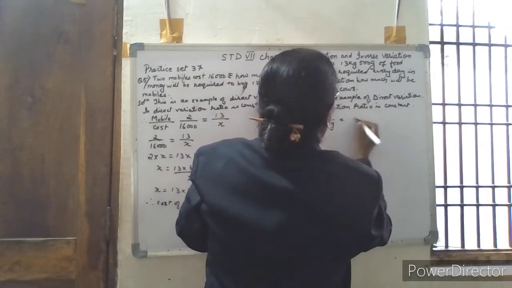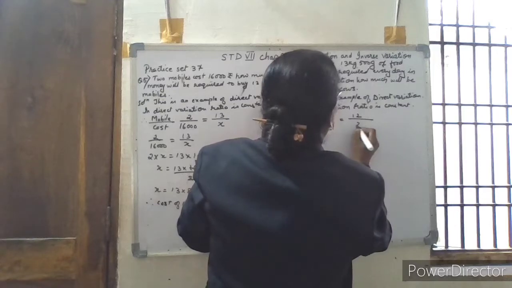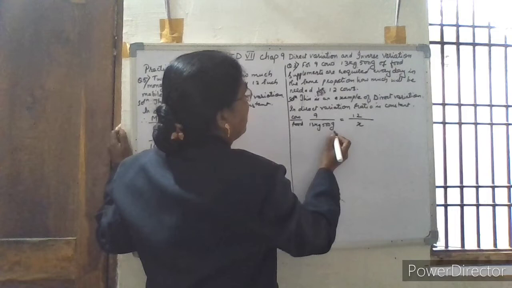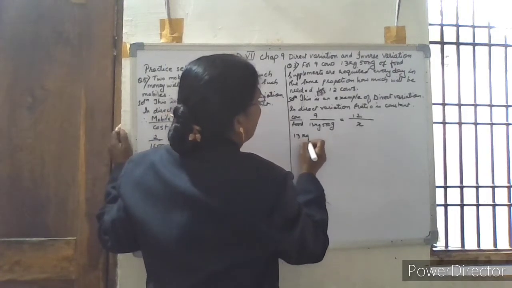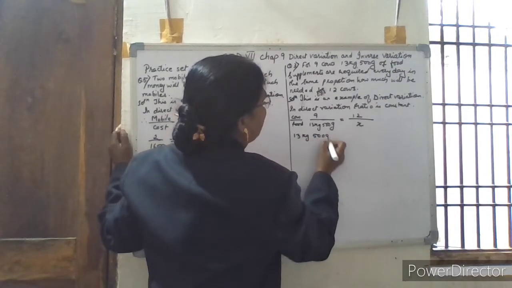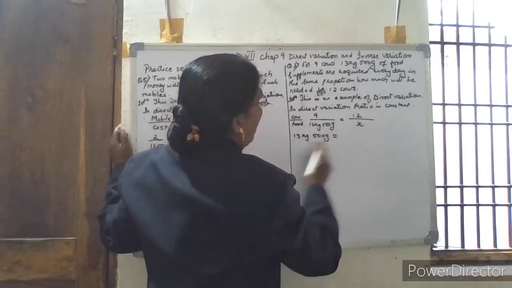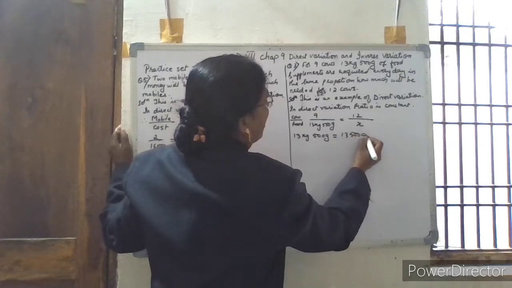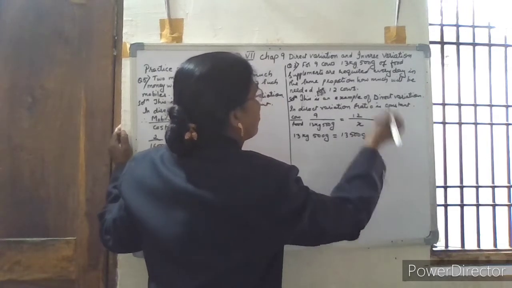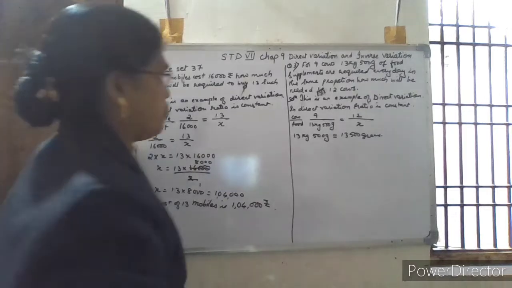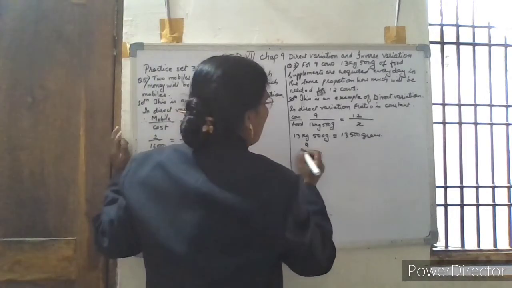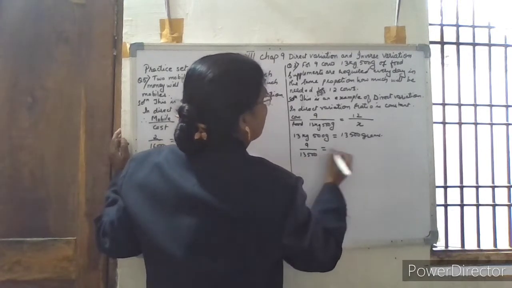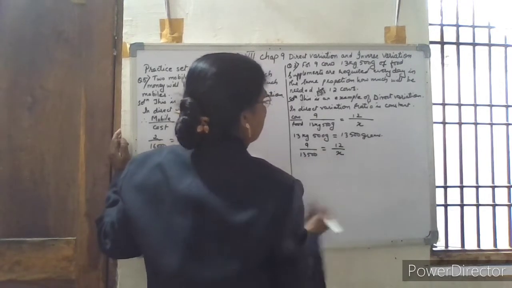First of all, we'll change 13 kg 500 grams to only grams, that is 13,500 grams. We'll take it in this form. So it is now 9 by 13,500 is equal to 12 by X, equal ratios.